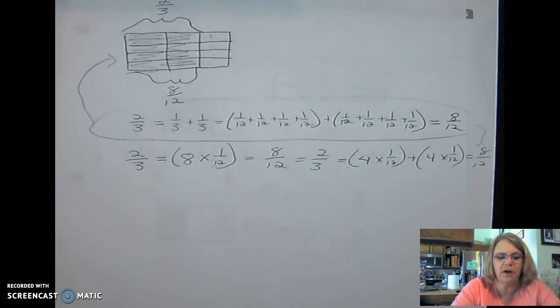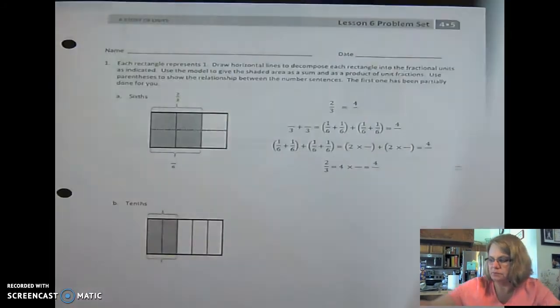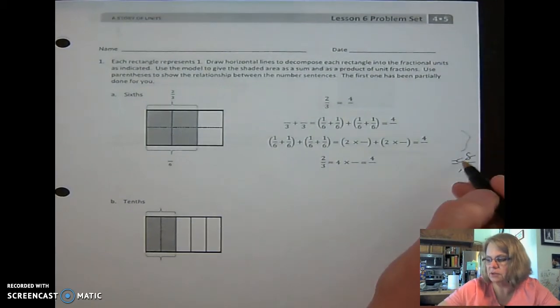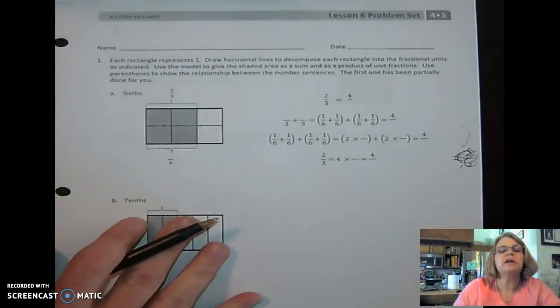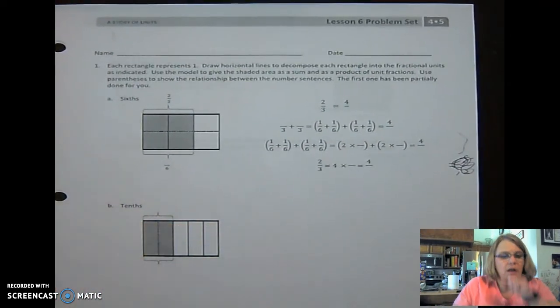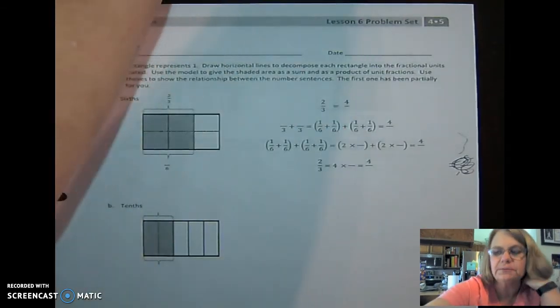Okay, now we're going to move on to the problem set. Oops, I kind of wrote a little bit on the problem set, but that's okay. So, let me make this bigger.